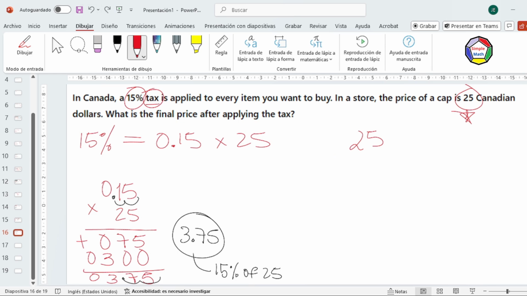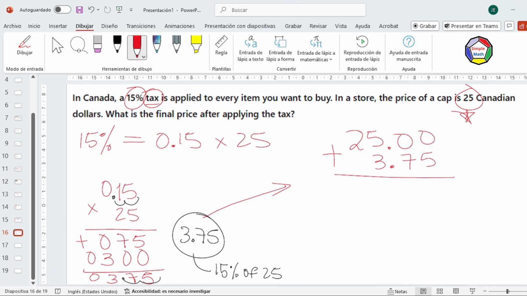So here what we have to do is to add 25, but as you know, 25 is a decimal. I can write 25 as 25.0. And then I have to add the 15%, which is 3.75. Remember, decimal point must be below decimal point.